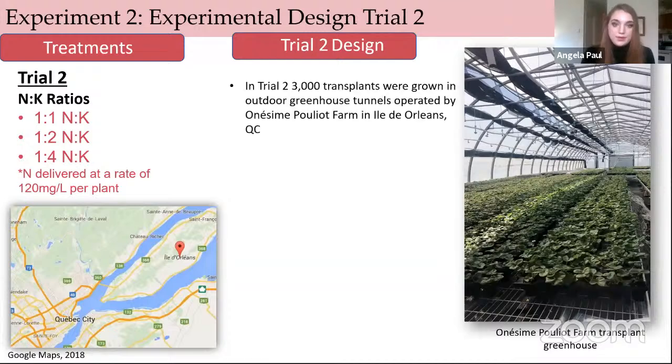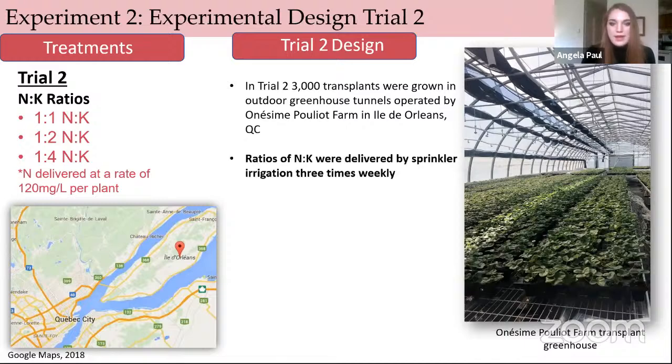So for this experiment, I worked in collaboration with the Onsmipua farm in Ile-d'Orléans, Quebec, which you can see in the map below. It's close to Quebec City on this island here. And within this experiment, they let me have 3,000 transplants with 1,000 transplants assigned to each of the treatment groups. And for each of these treatments, the nitrogen to potassium ratios were delivered by sprinkler system by the farm.